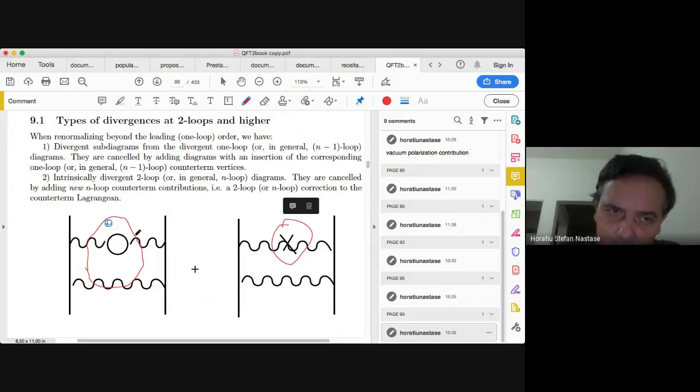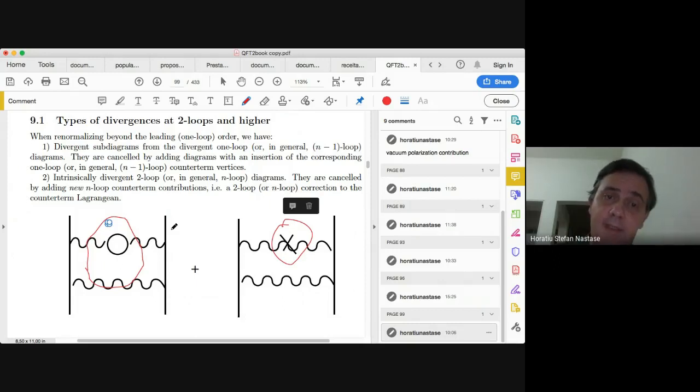And we also know that therefore the divergent parts of this and this will cancel. So also the divergent part of this and this will cancel as far as this type of divergence is concerned.